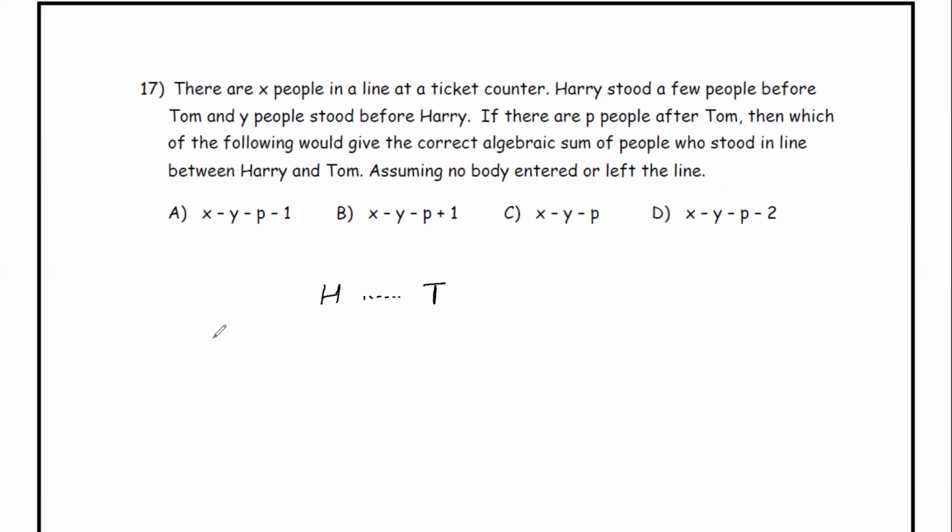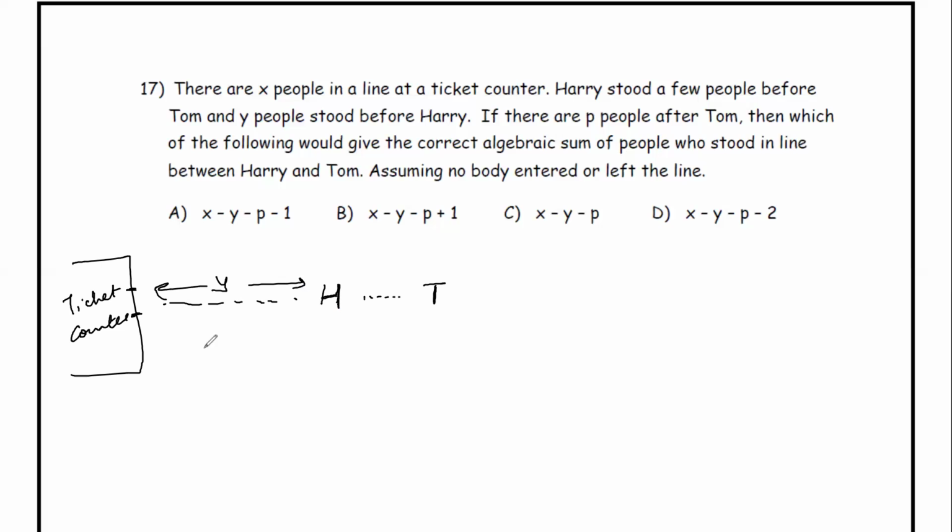Remember, imagine this is a ticket counter, and the line begins from here. So Harry is in the line, and Harry stood a few people before Tom. And Y people stood before Harry.